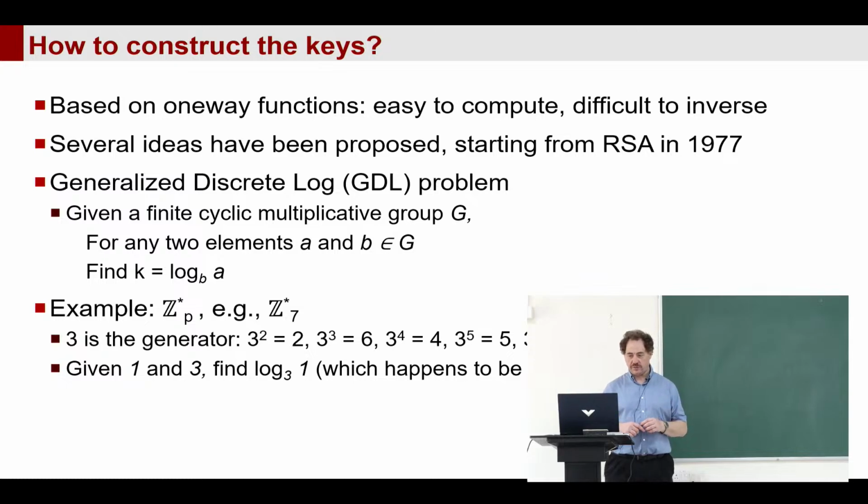It's hard to invert the function. So several ideas have been proposed regarding which one-way functions to use. The first idea was the RSA function proposed in 1977.